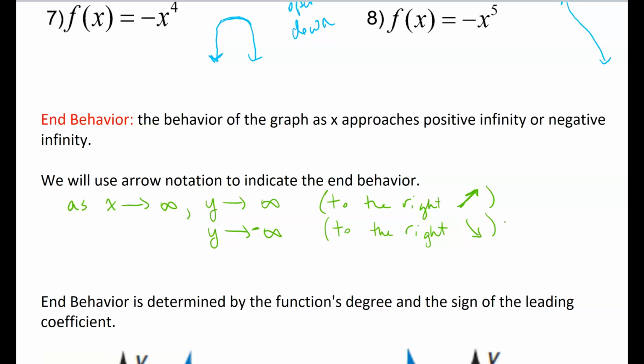We're going to positive x. But we also want to consider what's happening in the negative direction. So we would say as x goes to negative infinity, y goes to positive infinity. This comes from the left, so we would have this behavior.